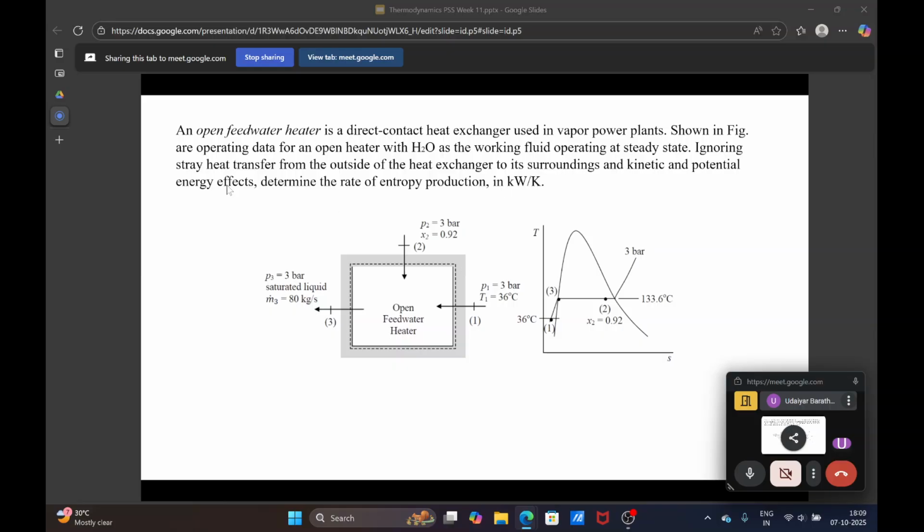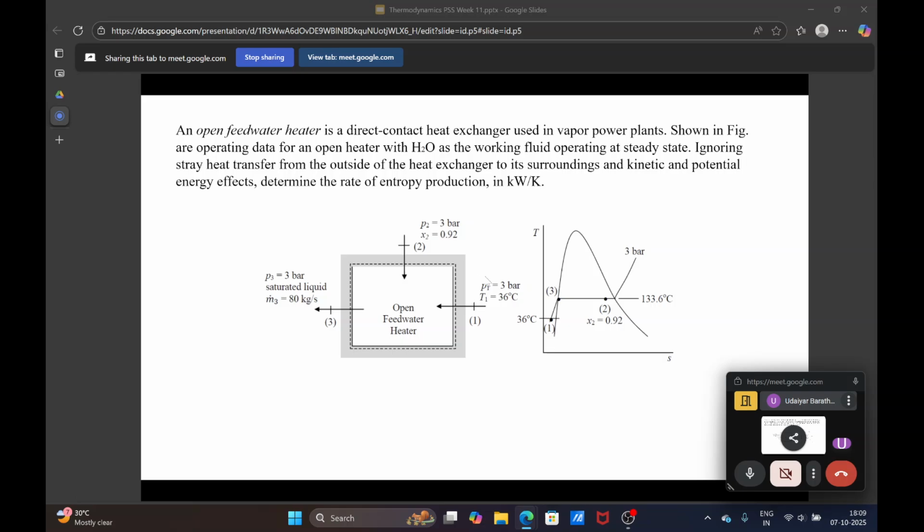So this is an open feed water heater, where both streams get mixed and they transfer heat because of that, and you get another stream which will be an intermediate stream of both. So this is the process condition here. One stream is coming in at 3 bar and 36 degrees Celsius.